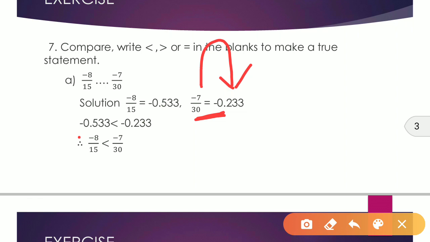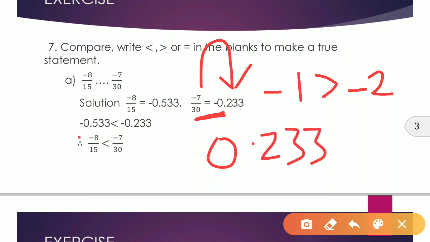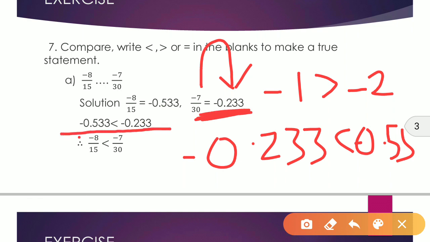In the negative numbers, suppose minus 1, it will be greater than minus 2. So here also 0.233, if I take 0.233 only, it is less than 0.533, but both are having negative sign. That's why minus 0.233 will be greater than minus 0.533.